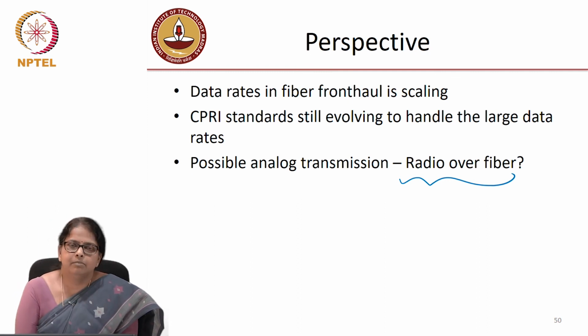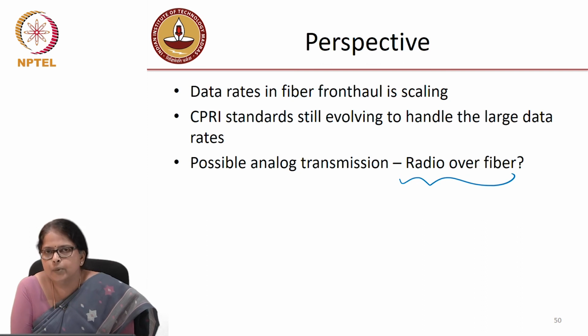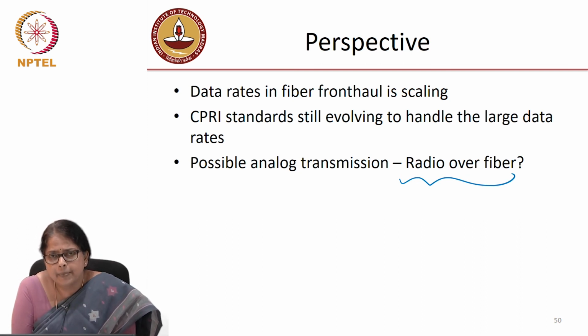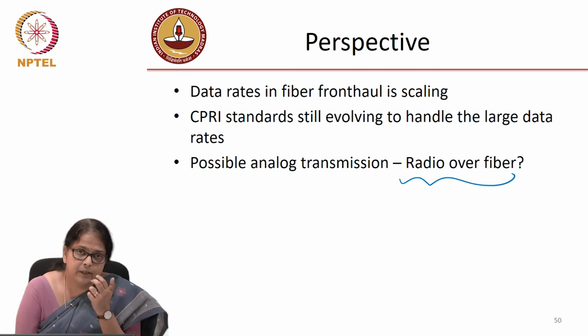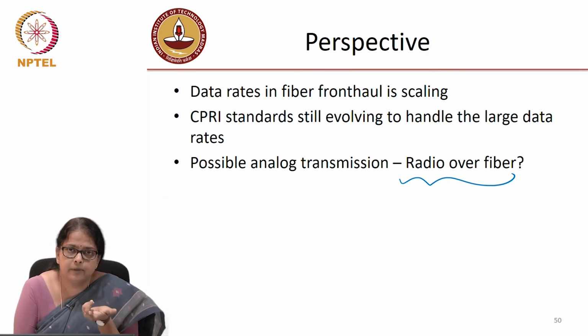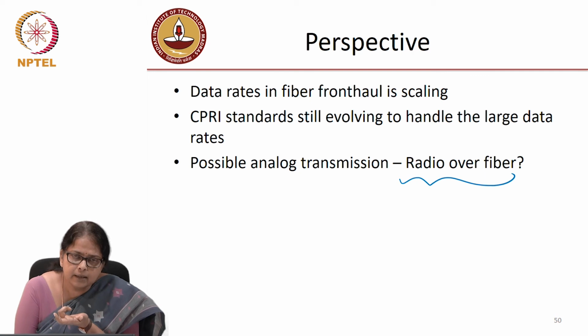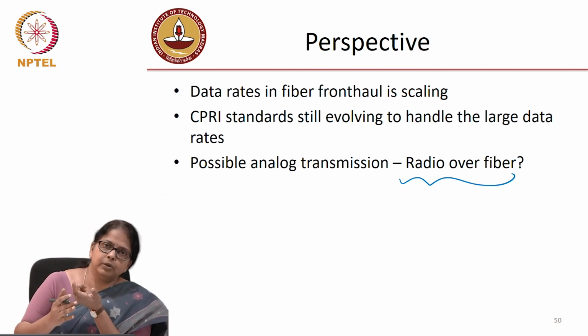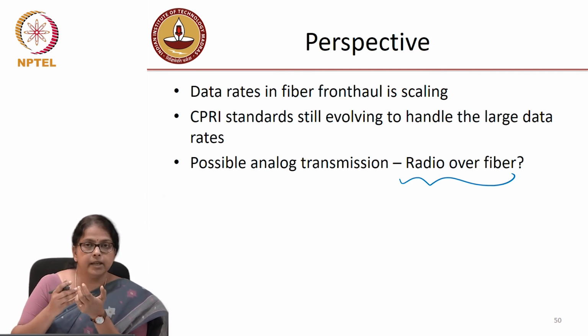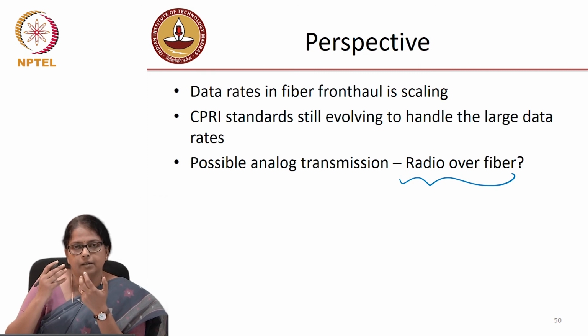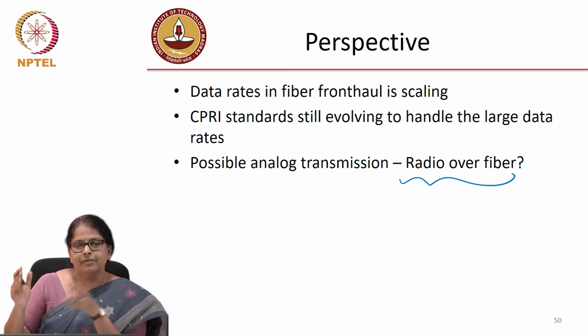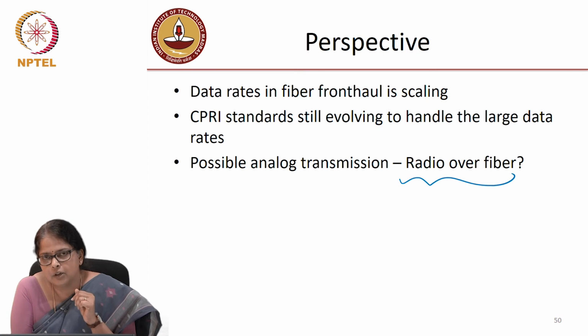Now, microwave photonics deals with technologies where microwaves, which could be anywhere between 2.5 gigahertz to about 100 gigahertz frequencies, are either generated, transported, or detected with the help of optical technologies.